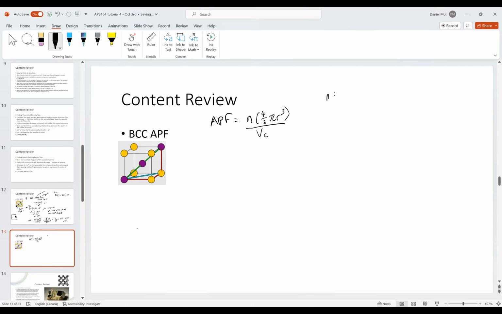We have a whole atom in the center, that's where we get 1. And then we have 8 atoms on the corners, and remember, the corners are 1/8. So this gives you 2 atoms per unit cell. So that one's a little easier for finding the number of atoms.